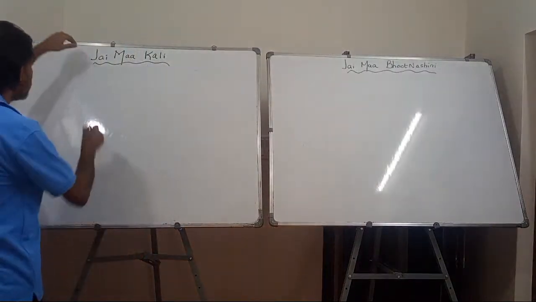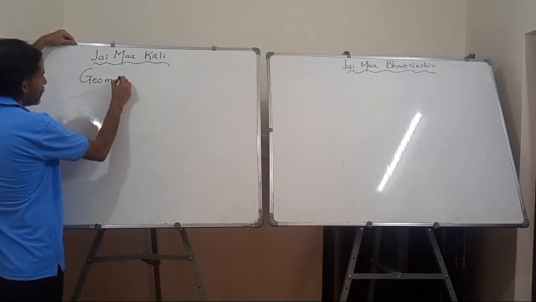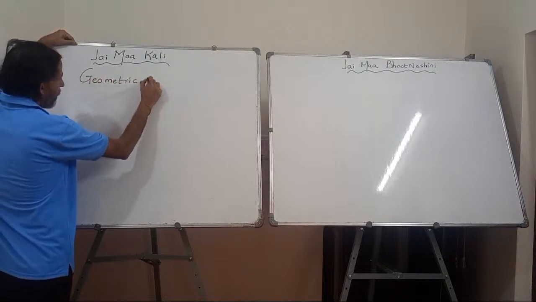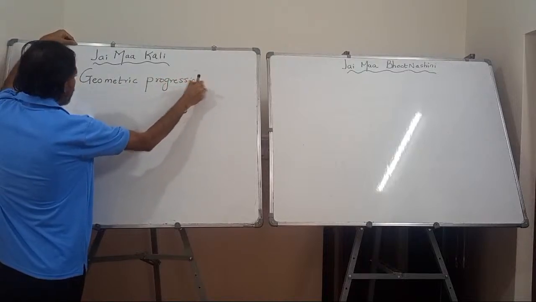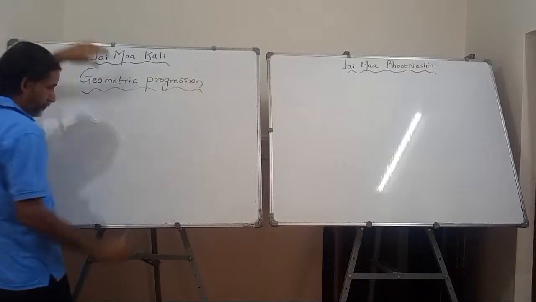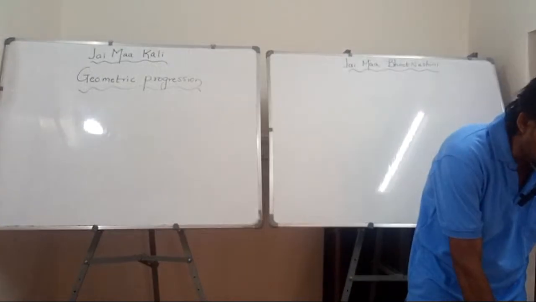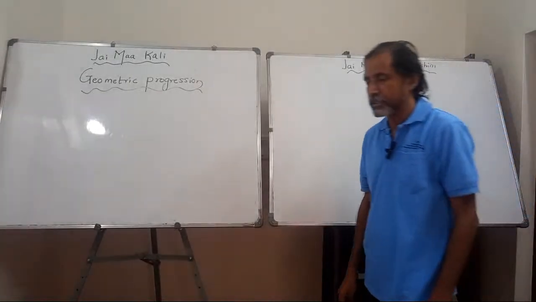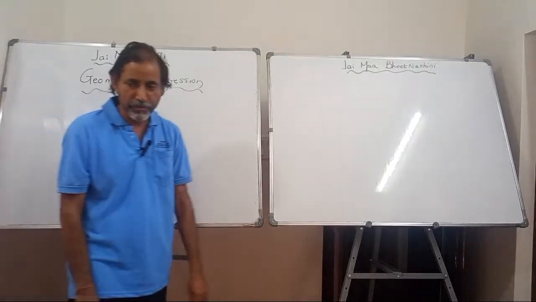So let's start with geometric progression, right in the formula book. Now you know arithmetic progression: the difference between two consecutive or successive numbers is the same. What do you think about geometric progression?